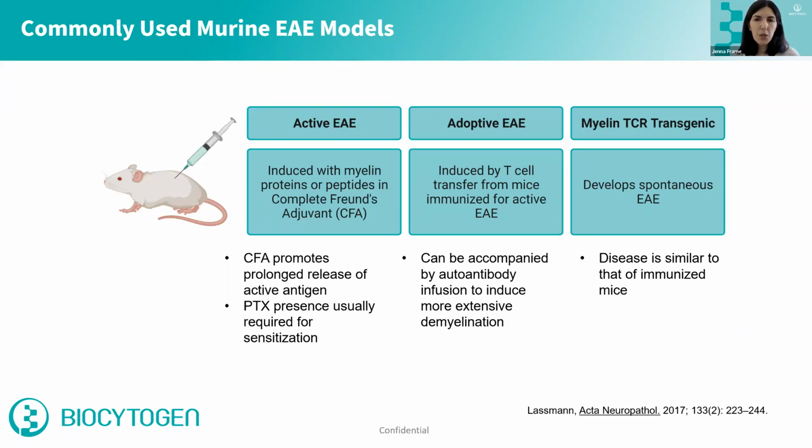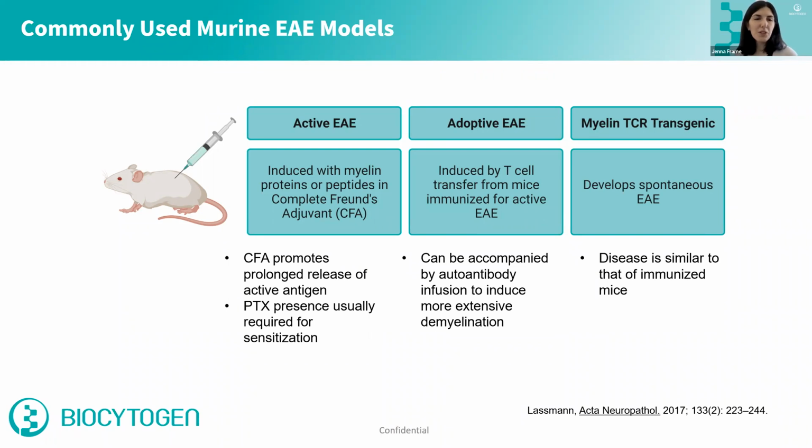Typically, this is in an emulsion that promotes prolonged release of antigen, and the pertussis toxin, or PTX, is also given to the mice for sensitization. What happens is, after the injection, myelin-specific T cells are activated in the periphery and then can enter the CNS tissue and become reactivated. This triggers a series of inflammatory responses.